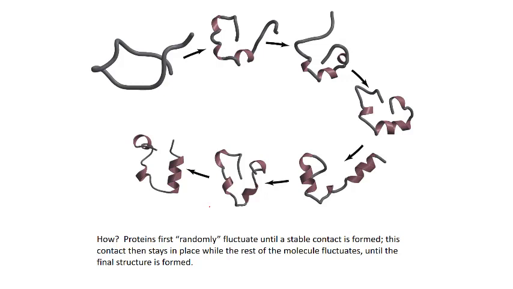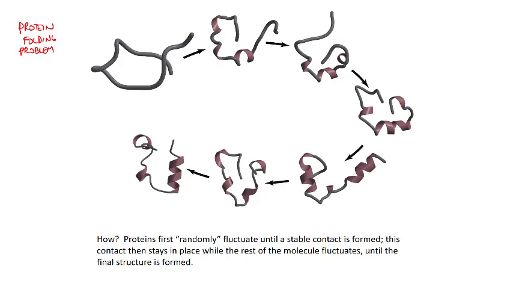And there's a problem out there that's known as the protein folding problem, which is what this slide is supposed to be indicating. And that's the issue of how can a protein molecule just by itself spontaneously find the correct structure?